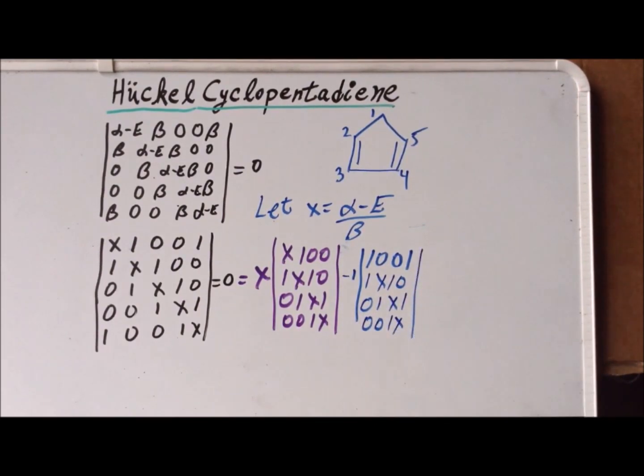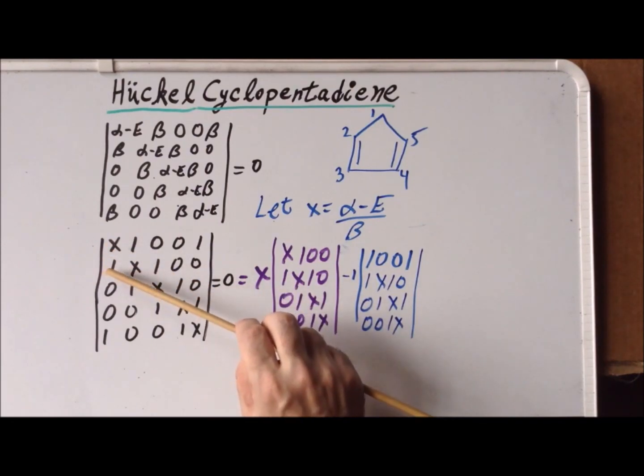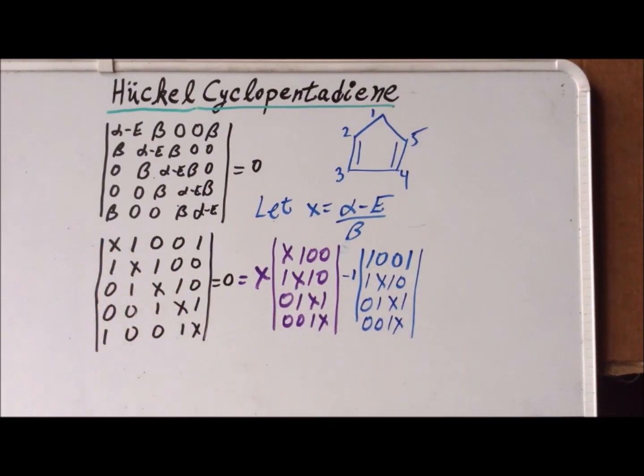The next two coefficients are zeros, so we can effectively ignore those because anything times 0 equals 0. And our last coefficient is a 1. So notice positive, negative, positive, negative, positive. So the coefficient is going to be a positive 1.